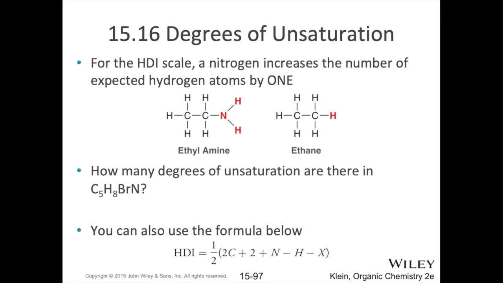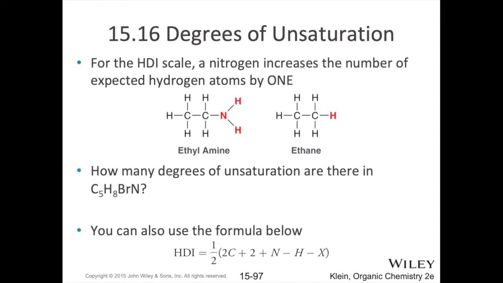So that tells us that there are 2 degrees of unsaturation. We're missing 4 hydrogens, so to speak, that would have given us the right number, and therefore there must be either 2 pi bonds or a pi bond and a ring somewhere in our molecule, for that to work out.